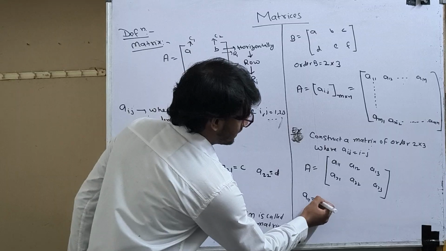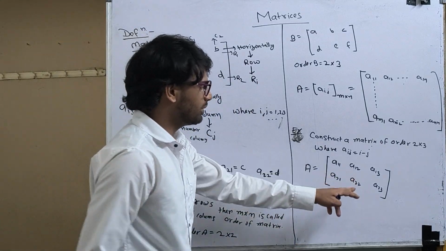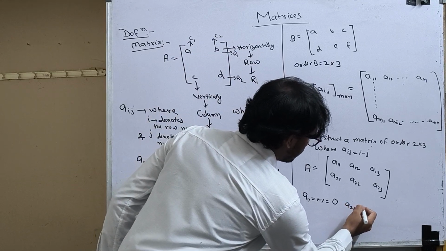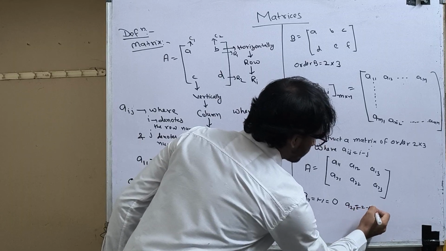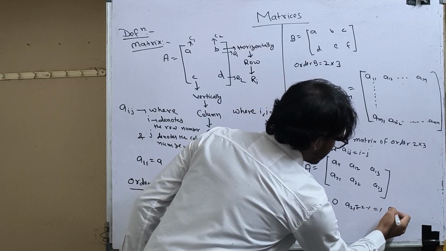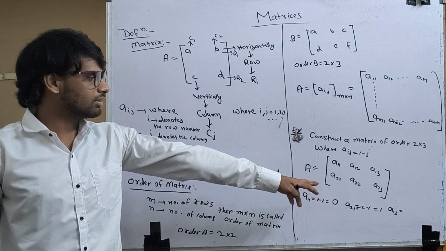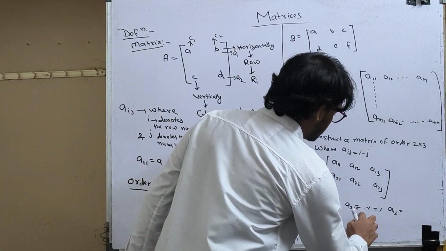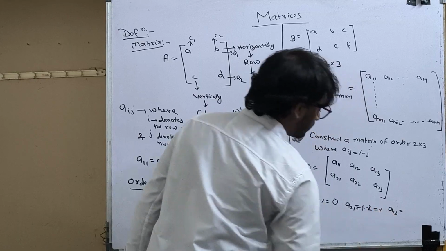So i minus j equals 0. Then a12 is 1 minus 2 equals minus 1.